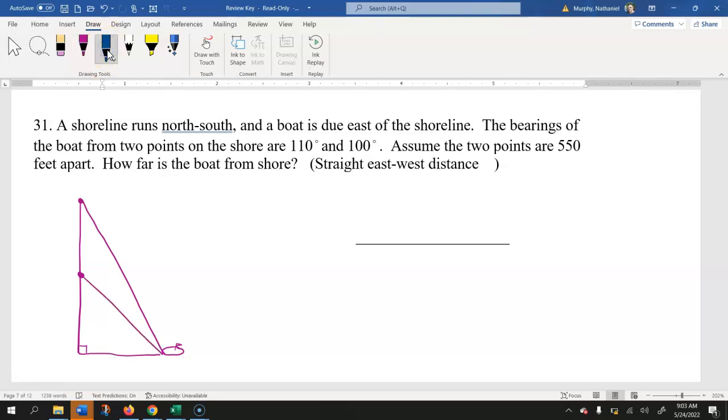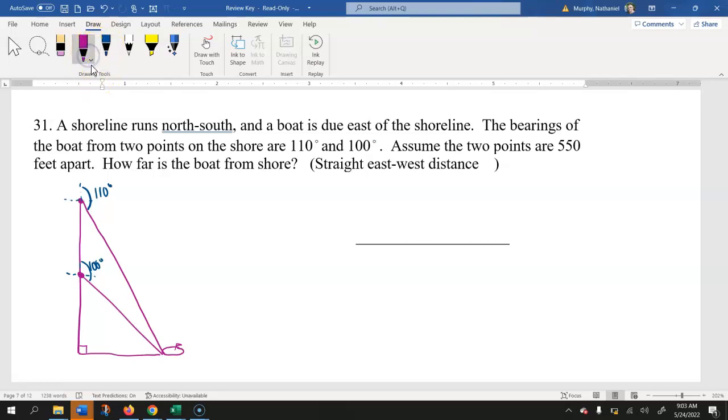Now we have to figure out what angle is what. One of the angles is 100 degrees and the other is 110 degrees. This angle here is going to have a smaller bearing than the one up here. So this one here is 100 degrees, and the one up here is 110 degrees.